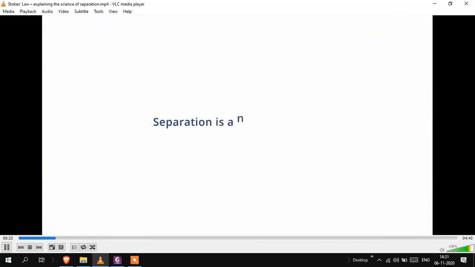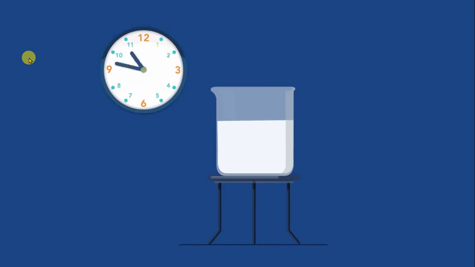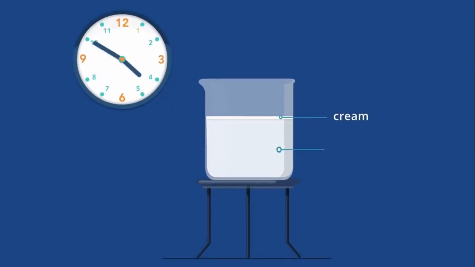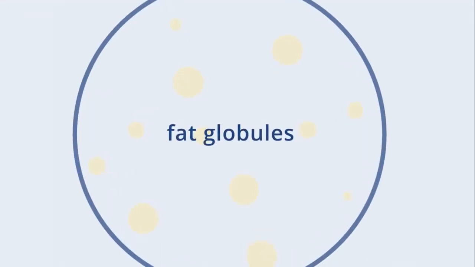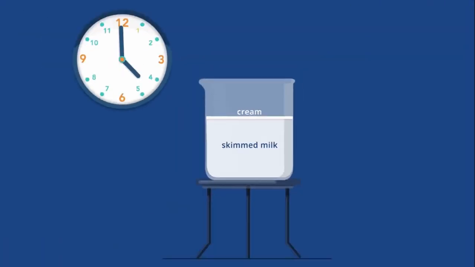Okay. Separation is actually a natural process. Imagine if we milked a cow and let the milk stand. It would eventually separate by itself into cream and skimmed milk. This is because the fat globules, that's cream, are lighter and the remaining milk is heavier. The milk has been separated by gravity.